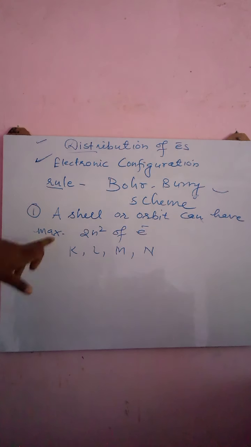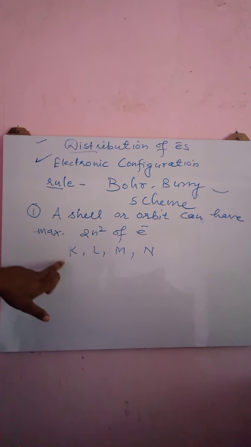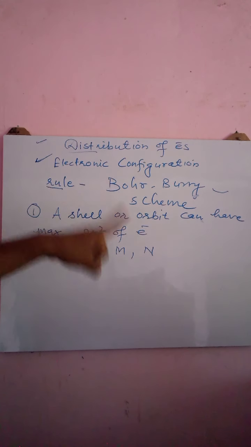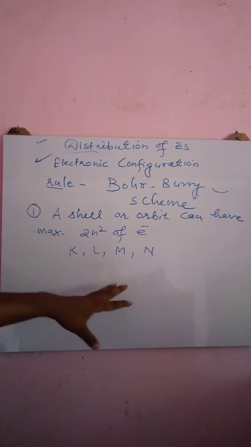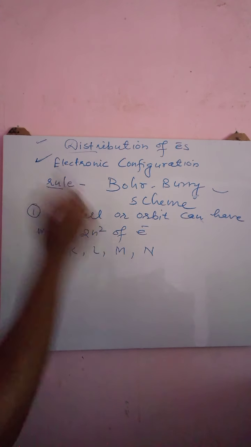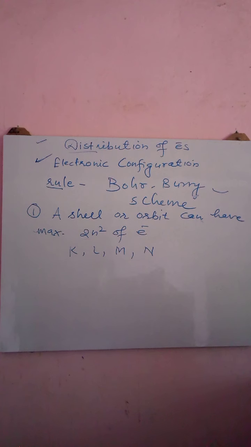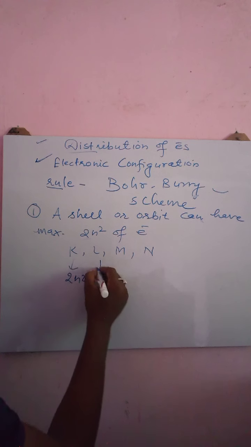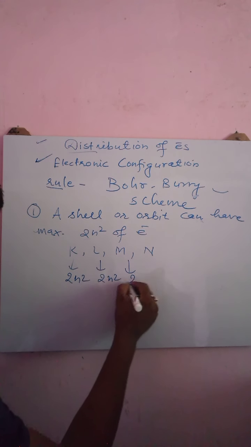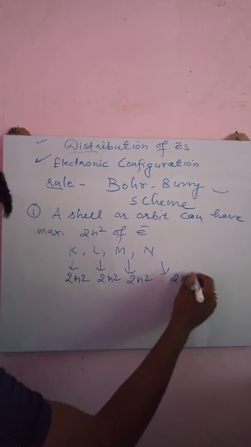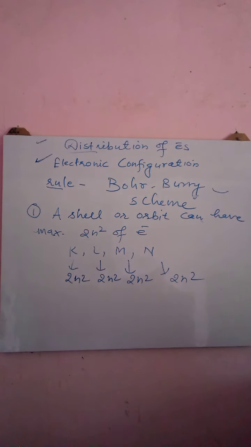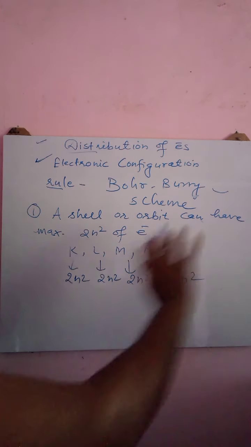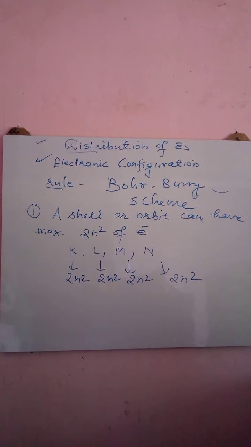Bohr-Bury told that these shells can have maximum 2n square of electrons. Means the K shell, L shell, M shell and N shell can have maximum 2n square of electrons. We are talking about the maximum number of electrons.